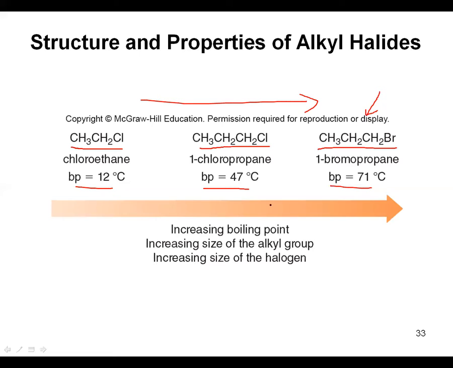So with alkyl halides, the boiling points increase as the size gets larger. A couple of reasons: we have that polar bond here, and remember this part, which is technically nonpolar, also increases the strength as it gets bigger.